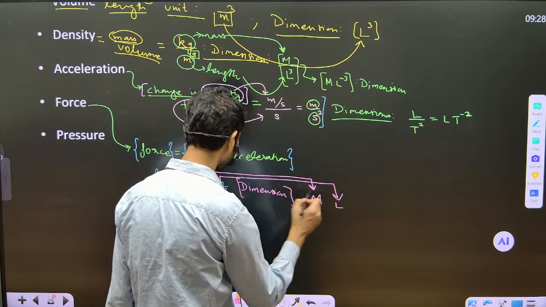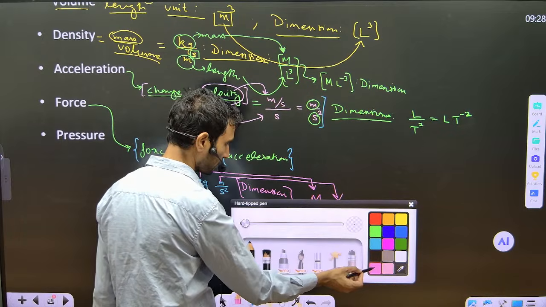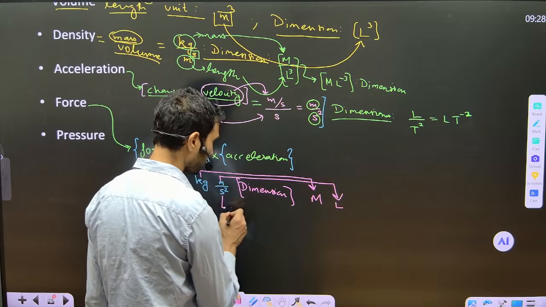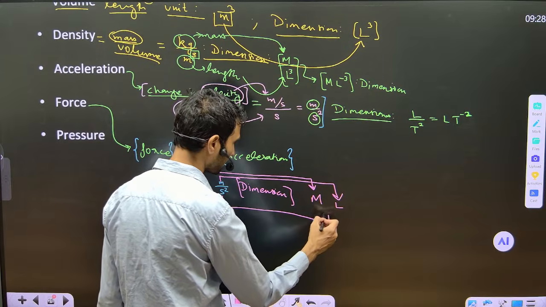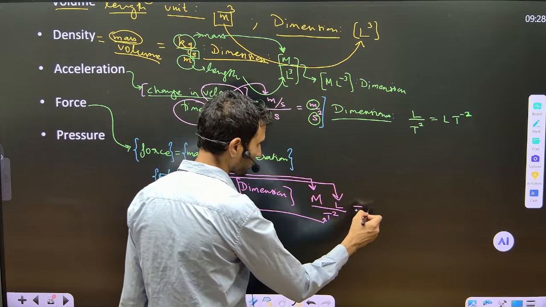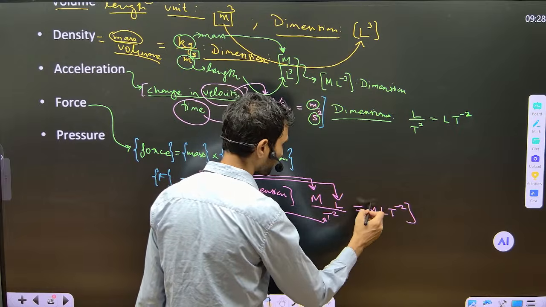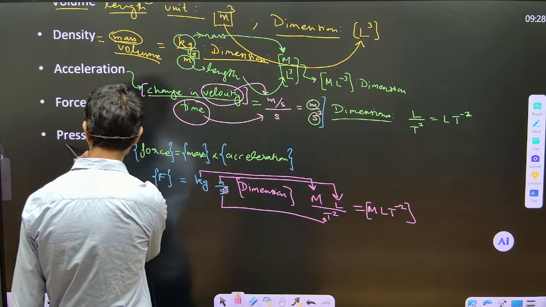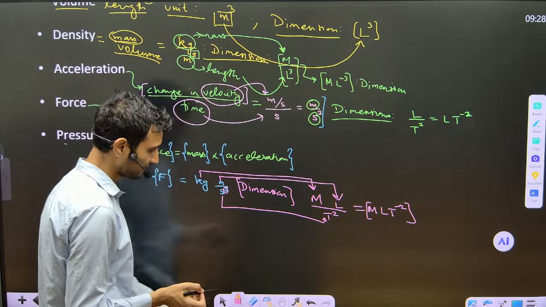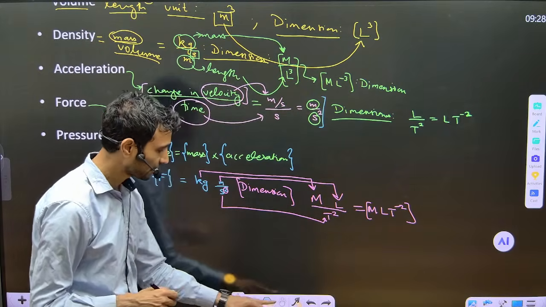Length. And second means T, but T to the power 2, so T square. So it will become MLT minus 2. So that is the dimension of force, right? First take this down, then we'll go to pressure.